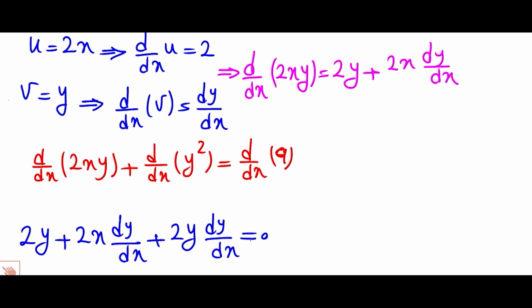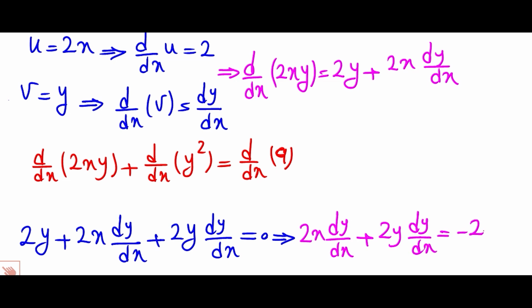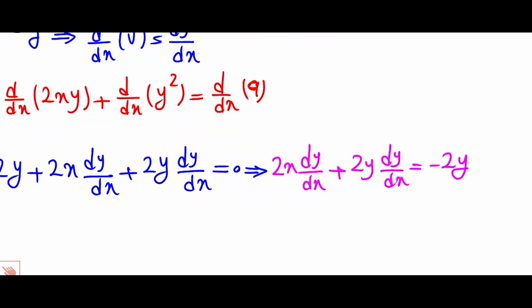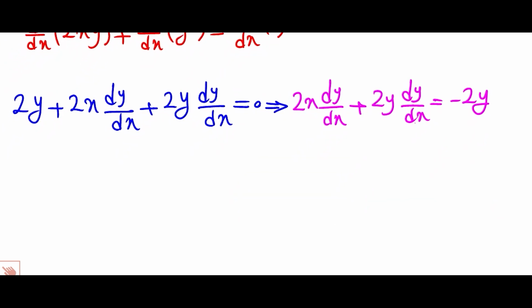Now we want to keep the terms with dy/dx on the left and move the term without it to the right side. So we have 2x dy/dx plus 2y dy/dx equals negative 2y. Now we factor out dy/dx from the left side.